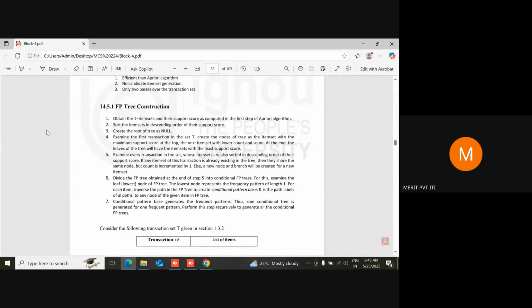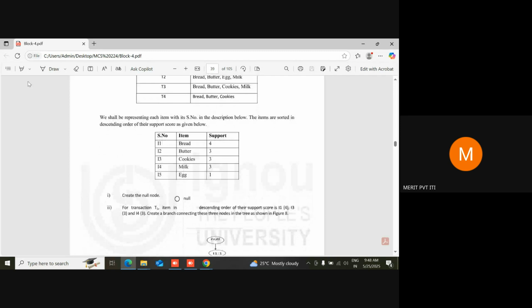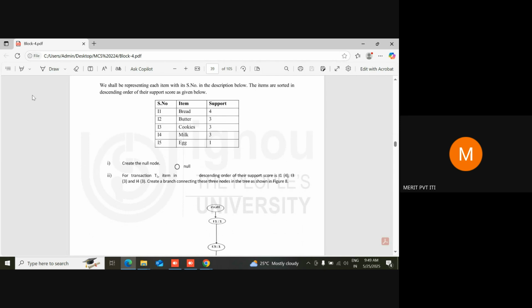Here are the transaction items: bread, butter, bread, cookie, milk, bread, butter, egg, milk, bread, butter, cookie, milk, bread, butter, cookies, and so on. Then in T1, T2, T3, T5, bread, butter, cookies, milk have support 4, while egg has support 1, which is the minimum score.